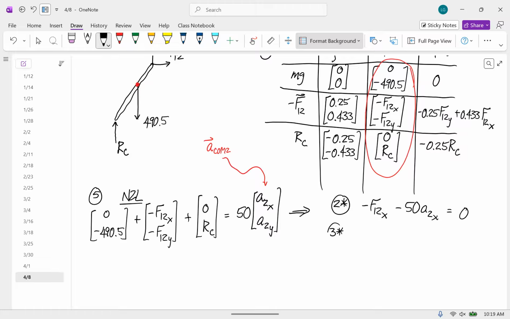And equation 3 star says negative F12y plus RC minus 50 a2y is equal to 490.5.